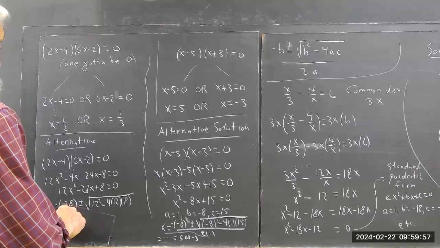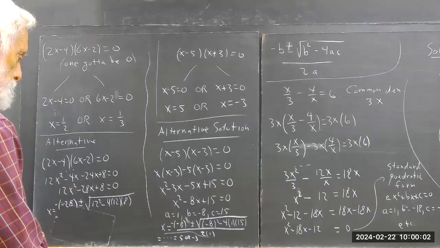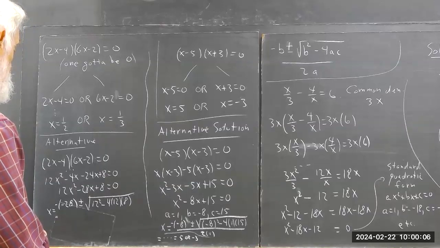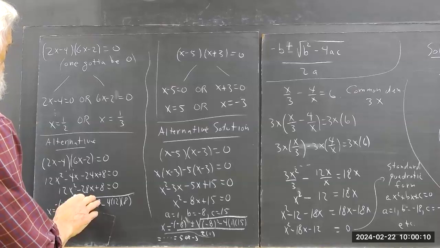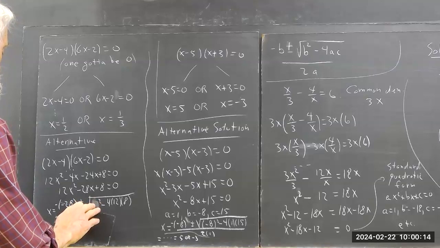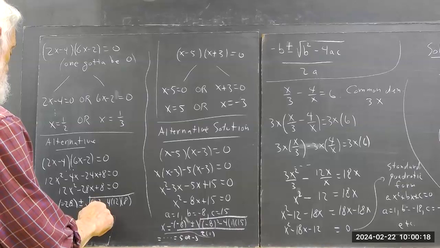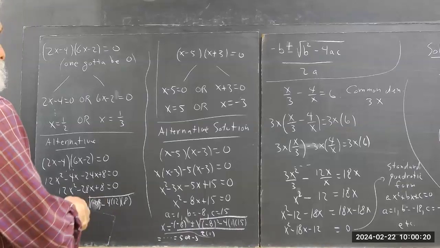Something seems to be wrong here. And it's not 12 squared. It's negative 28 squared.